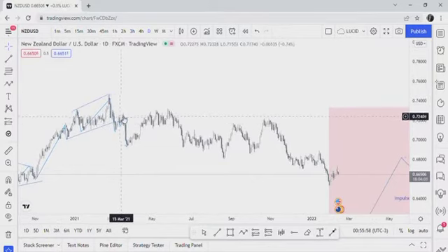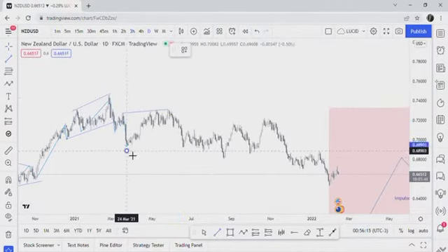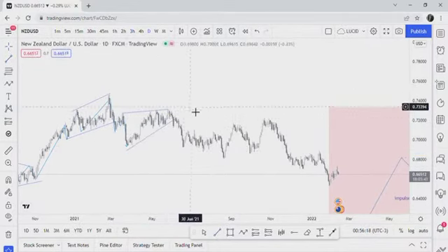Impulse, correction to the upside, another impulse. Then this leg is one whole impulse on a higher time frame, let's say a 3-day or weekly time frame. So impulse, correction, right? Continuation.